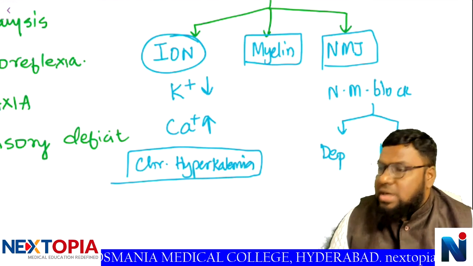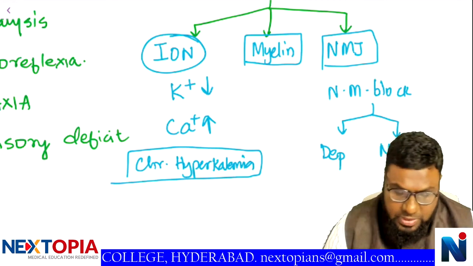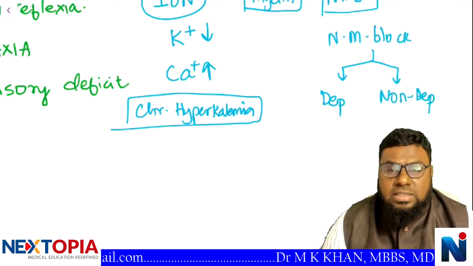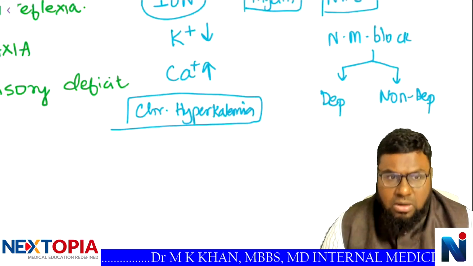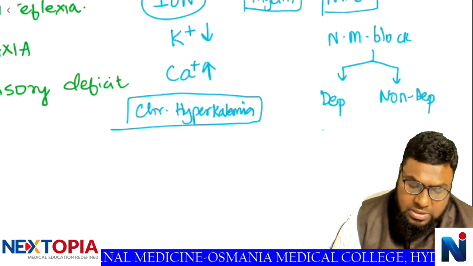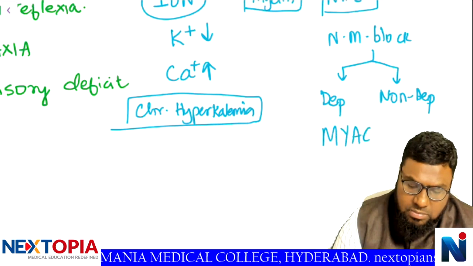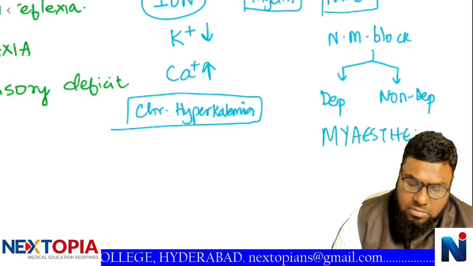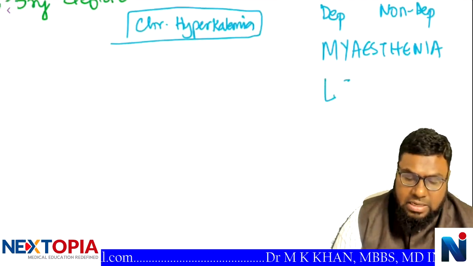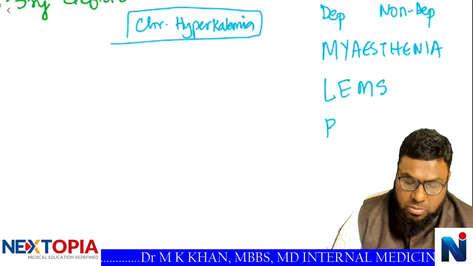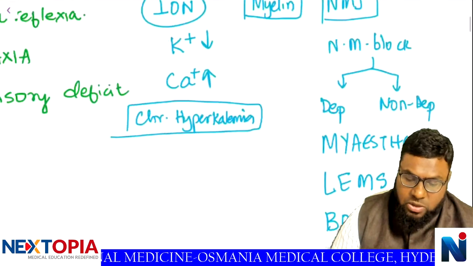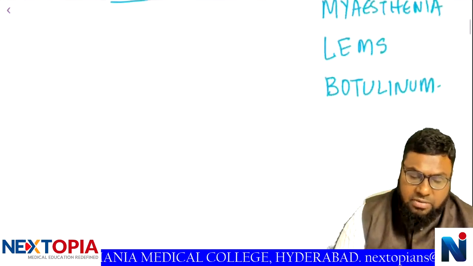Or sometimes certain toxins or drugs. Certain neuromuscular junction disorders like myasthenia gravis, or Lambert-Eaton myasthenic syndrome, or botulinum toxin. All these are agents which act on the neuromuscular junction and cause decreased nerve conduction.